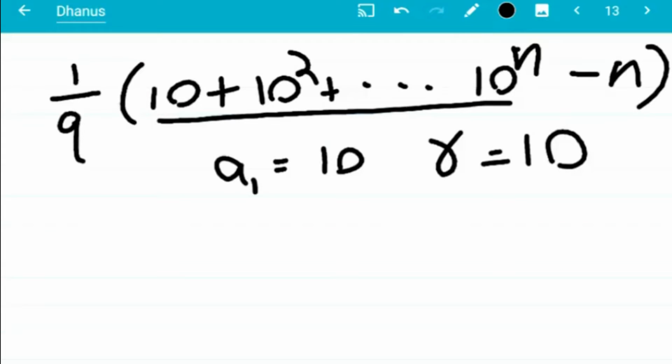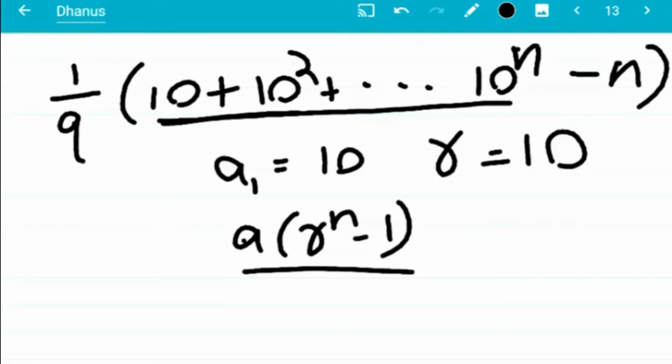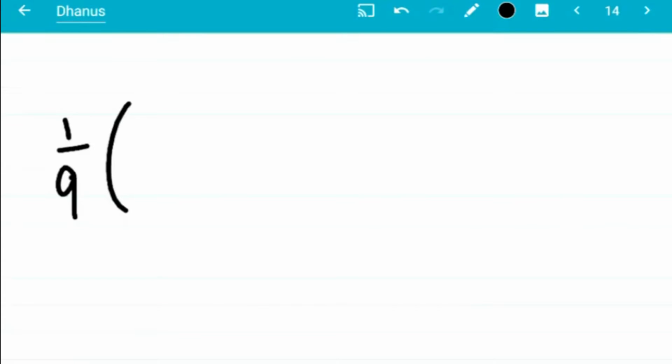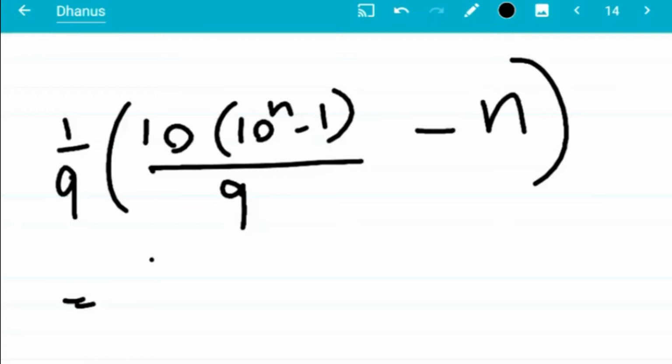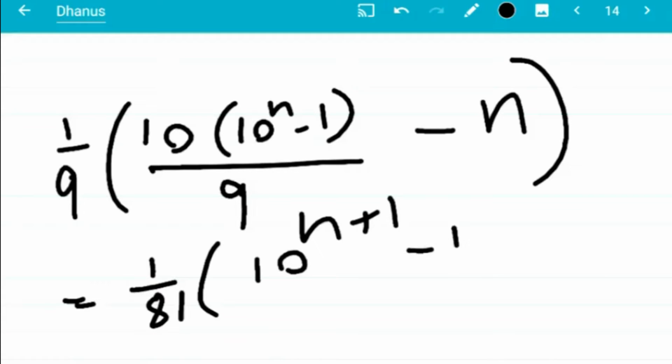Then the sum is a into r raised to n minus 1 divided by r minus 1, and you can calculate this as 1 by 9 into 10 into 10 raised to n minus 1 divided by 10 minus 1, that is 9, minus n, and this is equal to 1 by 81 into 10 raised to n plus 1 minus 10 minus 9n, and this is the final answer.